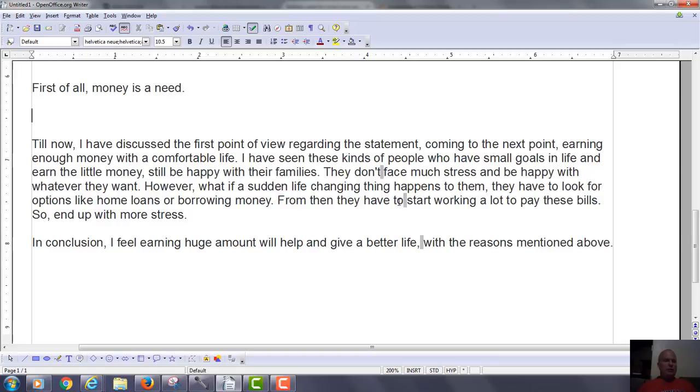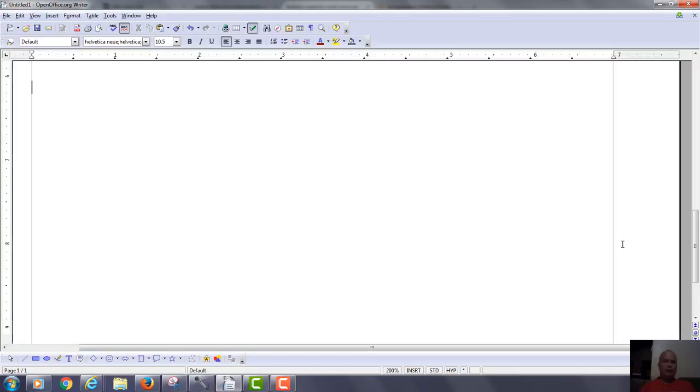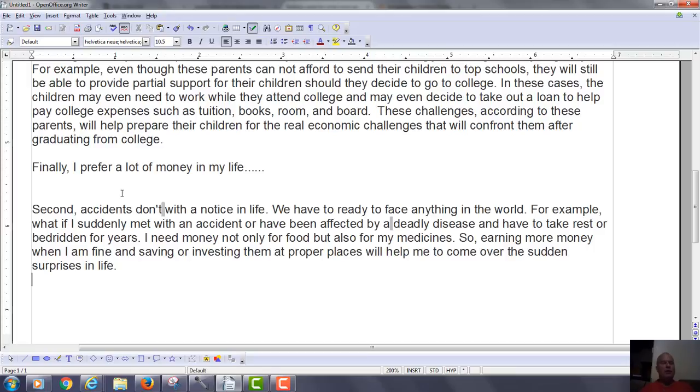Okay, so what we need to do here, I'm going to get rid of the rest of this, so let's put this over here. I'm going to show you something about your paragraphs. This is something that you want to consider here. So in this paragraph, you talk about having accidents, being affected by deadly disease, food, medicines, saving, investing. That's too many ideas. You're bringing up too many different things in a paragraph, right?